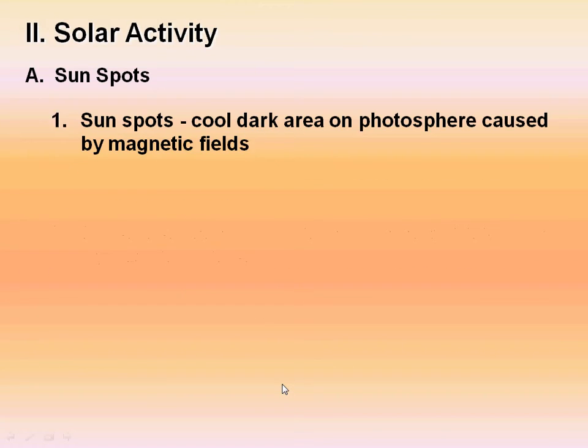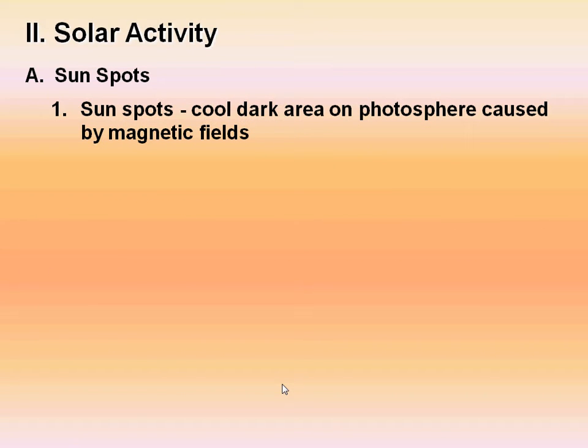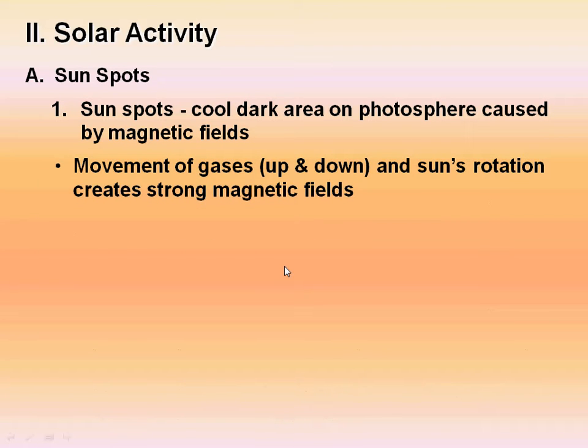So the first thing that we talk about is solar activity in the sense of sunspots. Sunspots are on the outside of the sun, or in other words, on the photosphere of the sun, and it's being caused by magnetic fields. Well, how does it work? By the way, let me explain this.